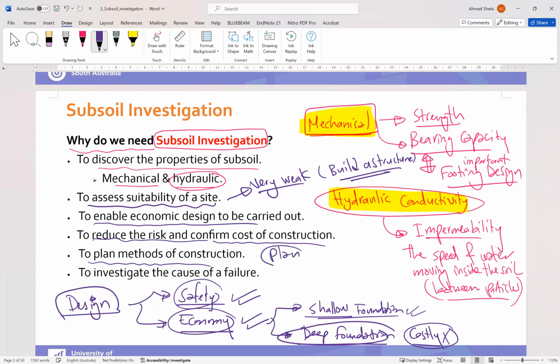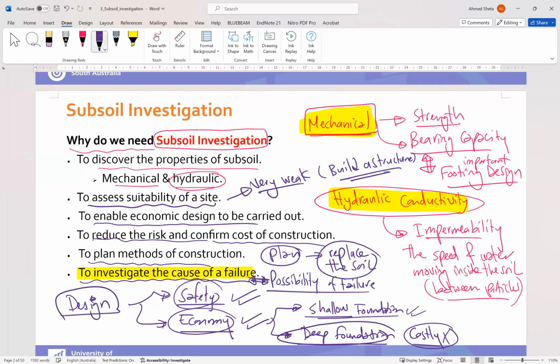Like for example, as I mentioned, if you need to replace the soil or you have to compact the soil and so on. And also the subsoil investigation will give us an idea about the possibility of failure, if it happens, of this building or this structure. Because you know what the weakness of the soil is, so you know whether this will cause failure or not.